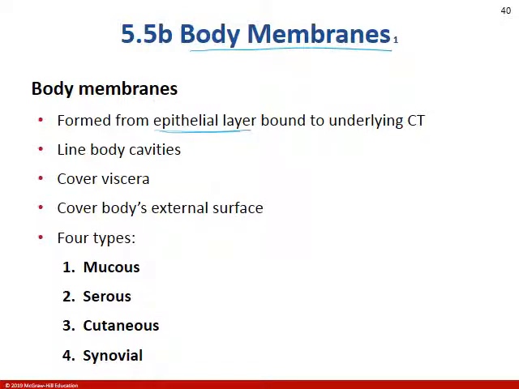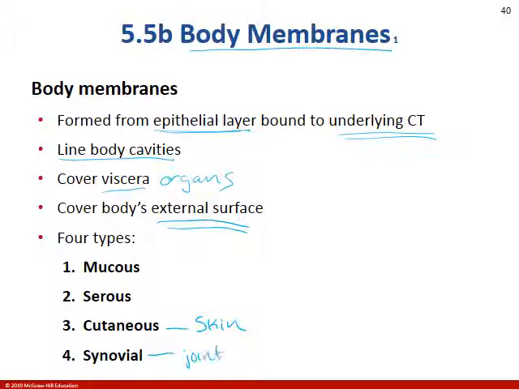We need to talk about body membranes just a little bit. So this is formed from an epithelial layer, and it's always going to have connective tissue underneath. It's going to line the body cavities, or it's going to cover organs, or it can make up your external body surface. So cutaneous is skin. Synovial is found in joint cavities. We've talked about serous membranes, right?